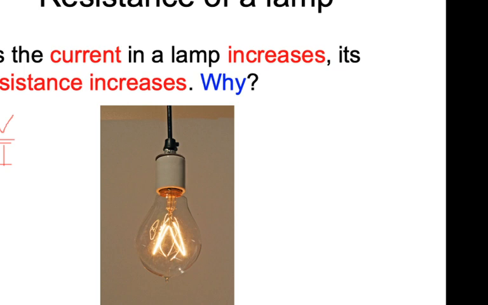That seems a little bit backwards, doesn't it? It looks like we have an inverse proportionality where the current increase would actually decrease the resistance. But as we increase the current, we're actually altering the voltage.